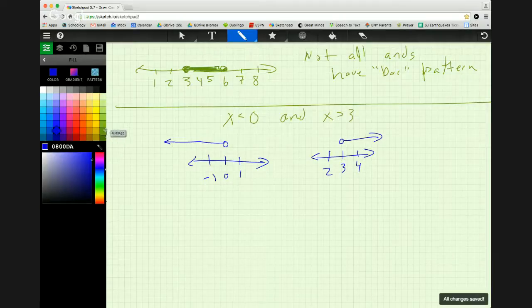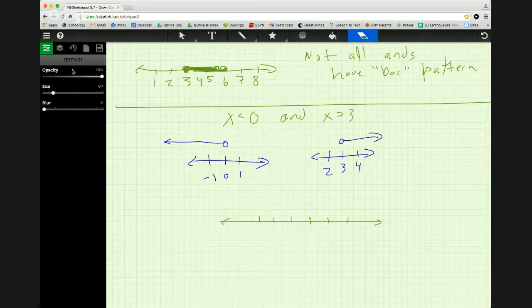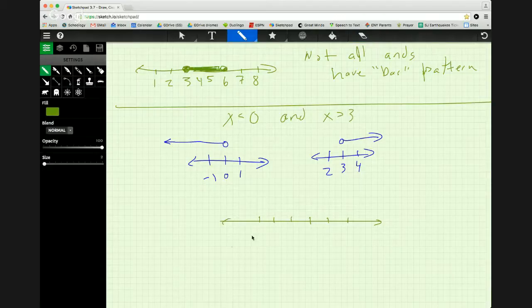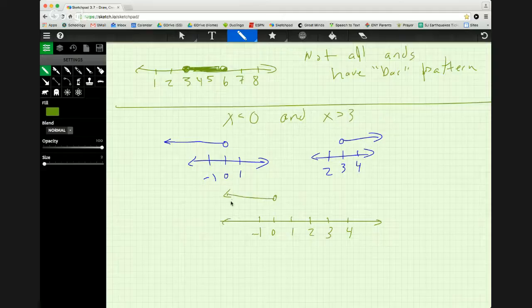So let's put those together. Let's make those numbers just a tad nicer. -1, 0, 1, 2, 3, 4. So here's x is less than 0, and here's x is greater than 3.